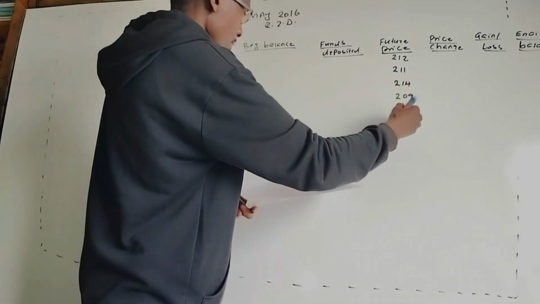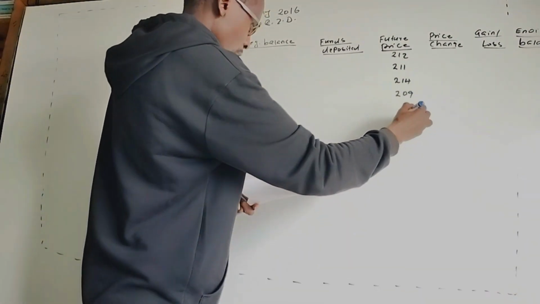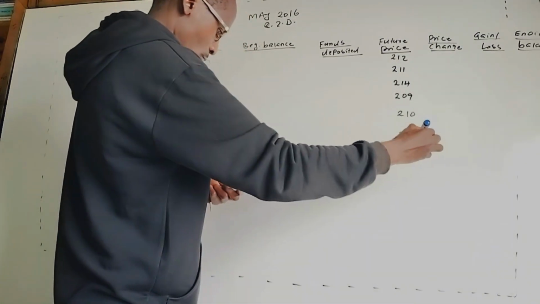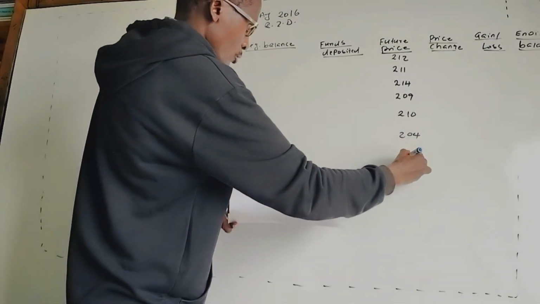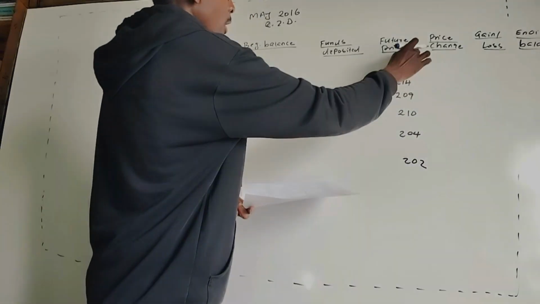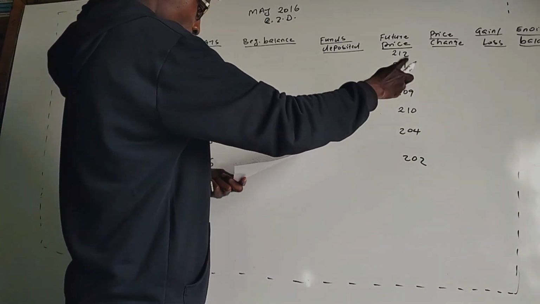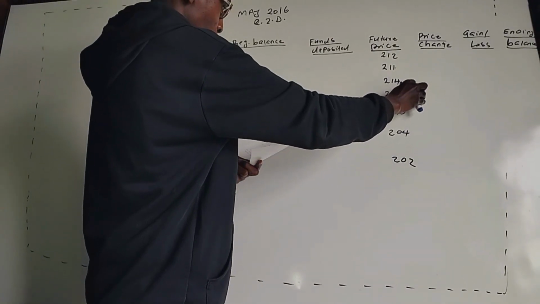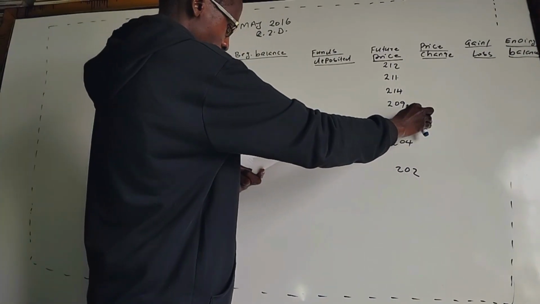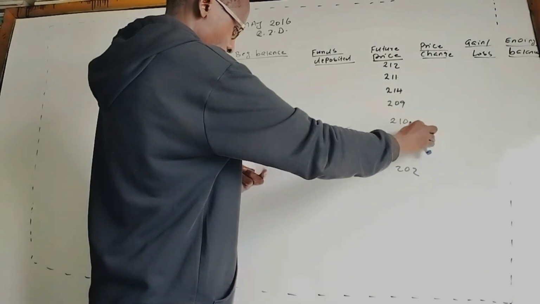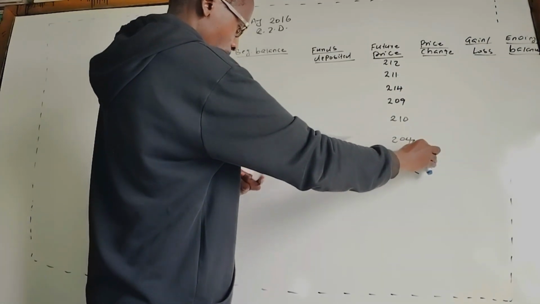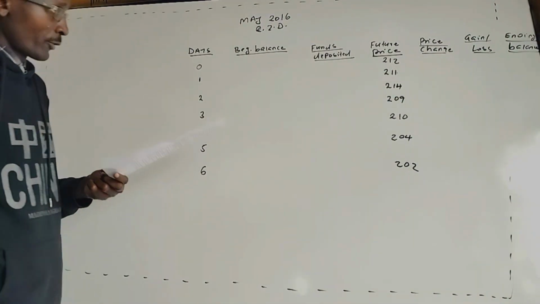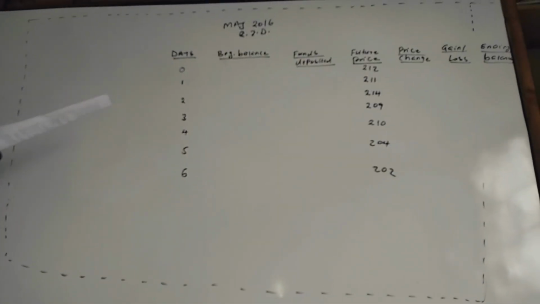Then we have 210, 204, and then 202. And there are 6: 1, 2, 3, 4, 5, 6. No, we are wrong. It should be 212, 211, 214, 209, 210, 204, 206. Yes, they are supposed to be that because of 0. So that is correct for that. The futures prices are given.